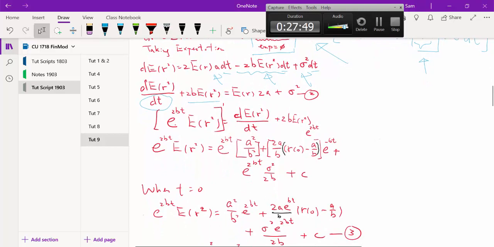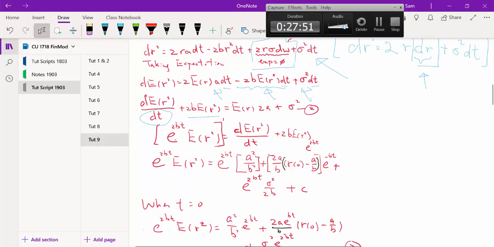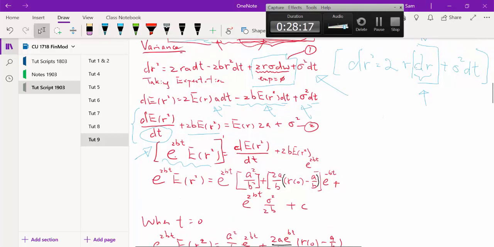So this is your integrating factor. And so you need to know that the derivative of this is equal to that, which is actually the left hand side on top. So that means this on its own would be the integral of whatever you had on the right hand side.